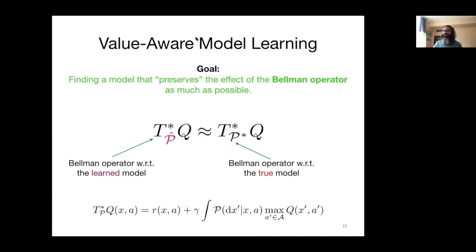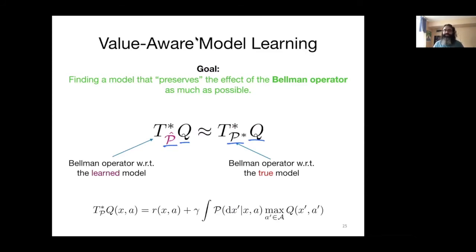So the goal here is just to learn a model that preserves the effect of the Bellman operator. What does it mean? It means that if you give me a value function Q, and then I apply the Bellman operator according to P hat, the effect of it would be similar to applying the Bellman operator with respect to P star in some sense.